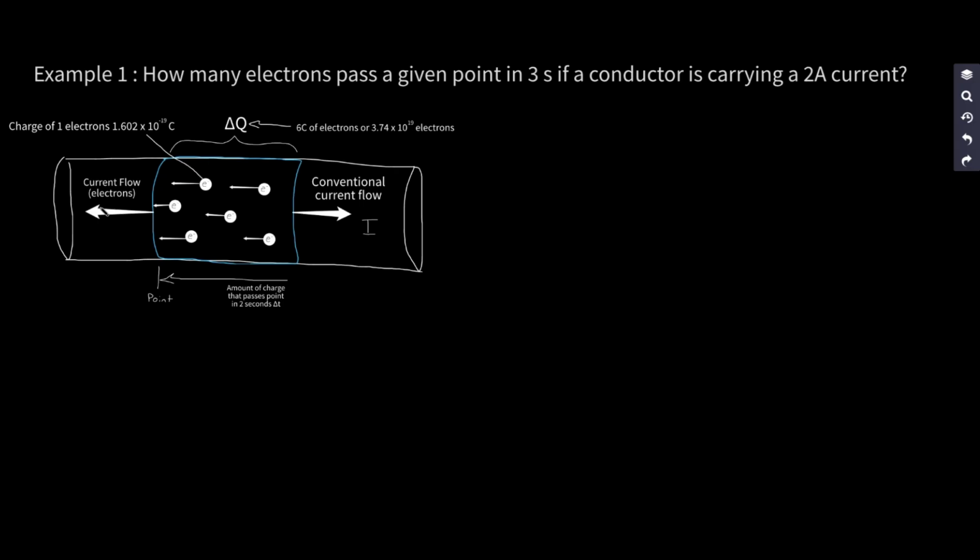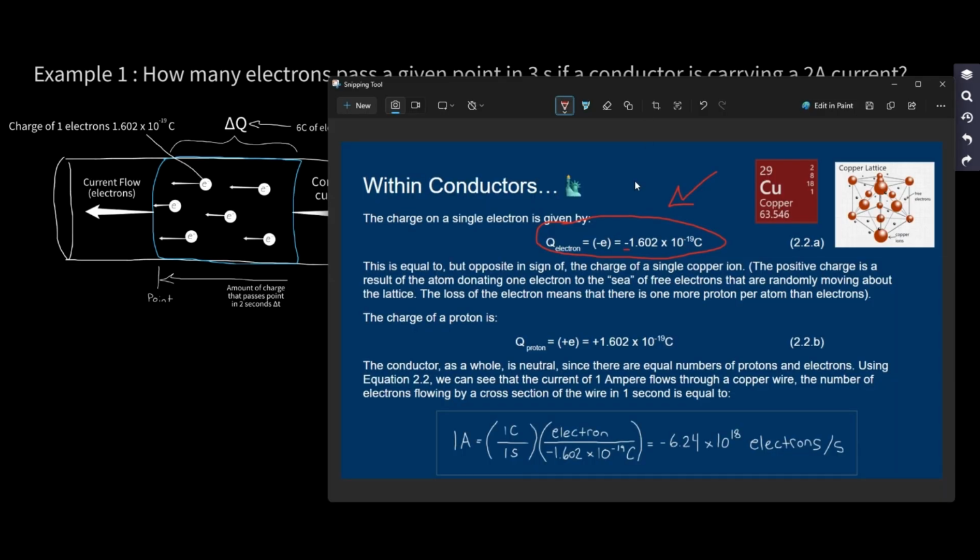to the right. Now, when I looked at this, my first issue was, okay, the charge of one electron is 1.602 times 10 raised to the negative 19th power. But if you remember in our slide, the electron is given as negative 1.602 times 10 raised to the negative 19th power coulombs.